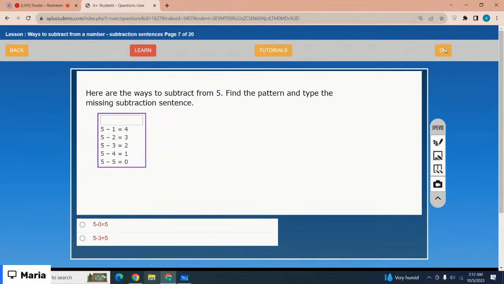Yes, the missing one is 5 take away 0 equals 5, right? The correct one is option number 1. 5 take away 0 equals 5.